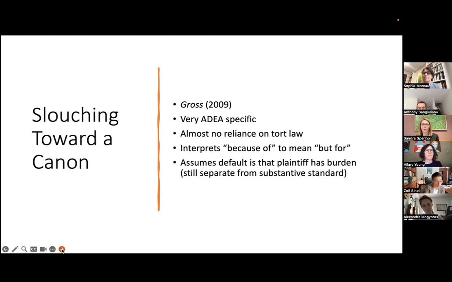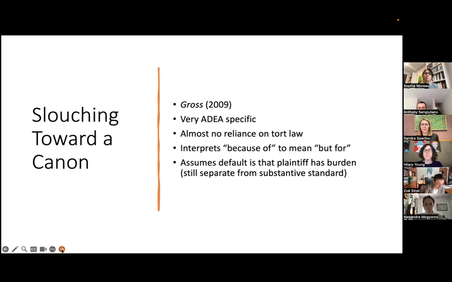And so you might think that Price Waterhouse then would have been the precedent to which the court needed to refer in Gross. Instead, what the court does is it views the non-amendment of the ADEA in 1991 as a clue that Congress meant for the Age Act to have a but-for cause standard and for Title VII to have a separate causal standard.